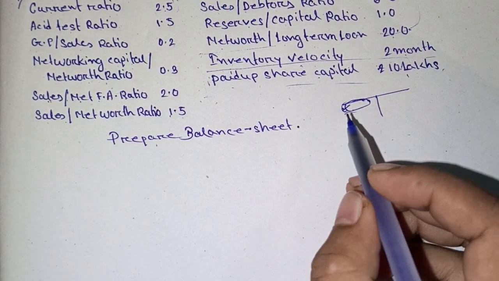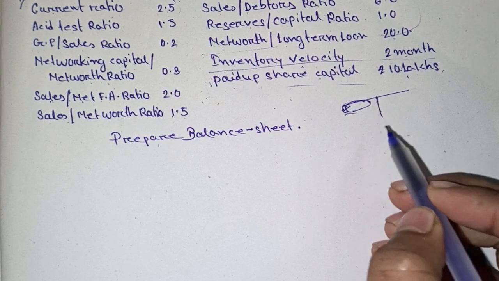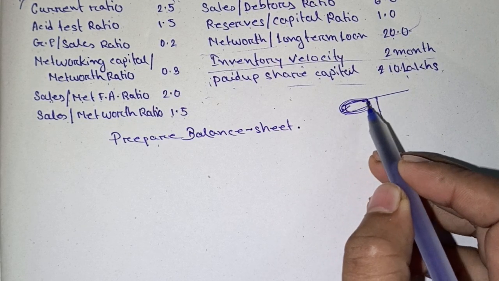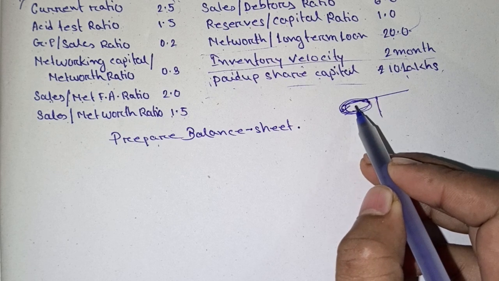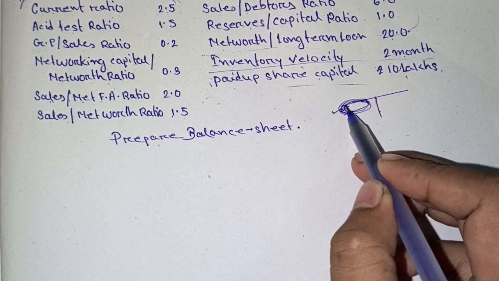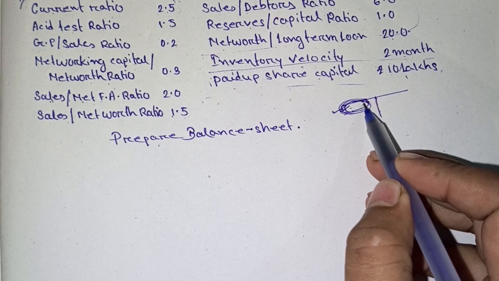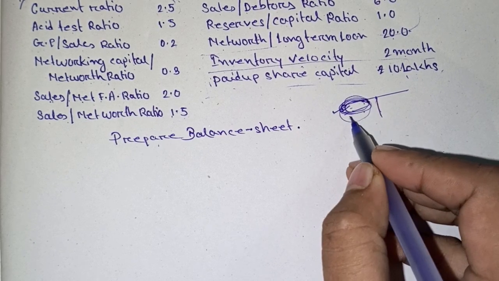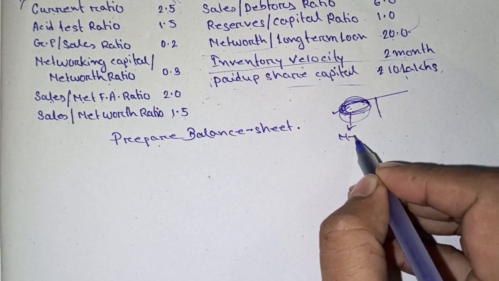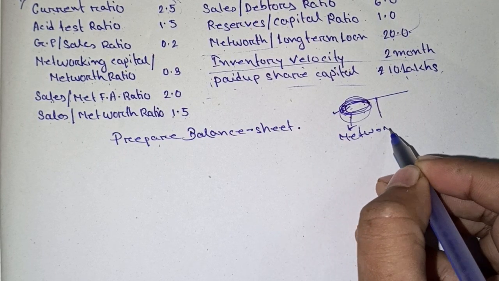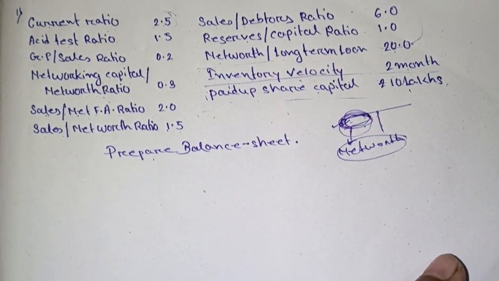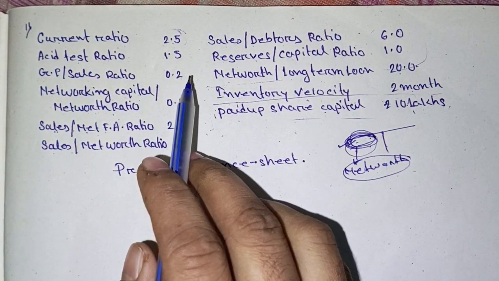I have already told you that on the liability side of the balance sheet we put the paid up share capital and reserve and surplus, and this is called net worth. So we have to find where this net worth is given.